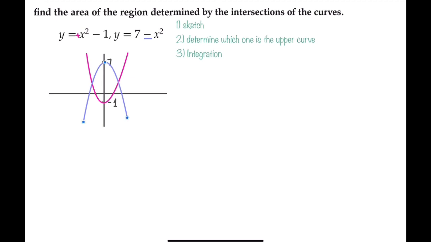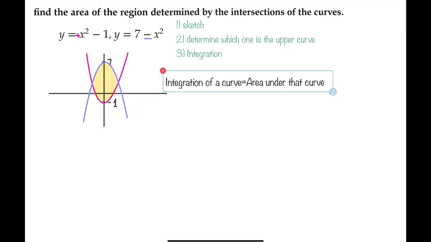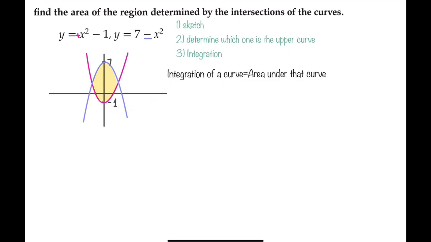And so here the question is asking us to find this area right here. So we know that integration is equal to the area under the curve. So what we are going to do is actually doing integration. So area here is equal to the integration for the upper curve minus the lower curve.